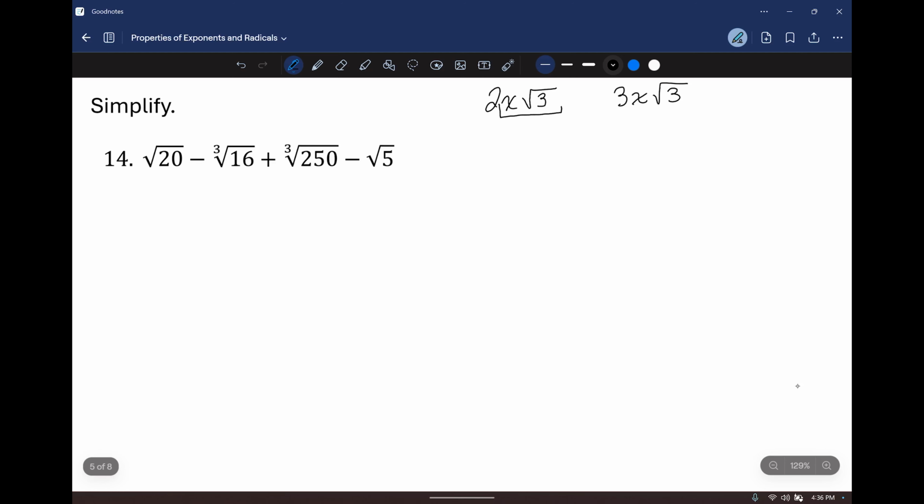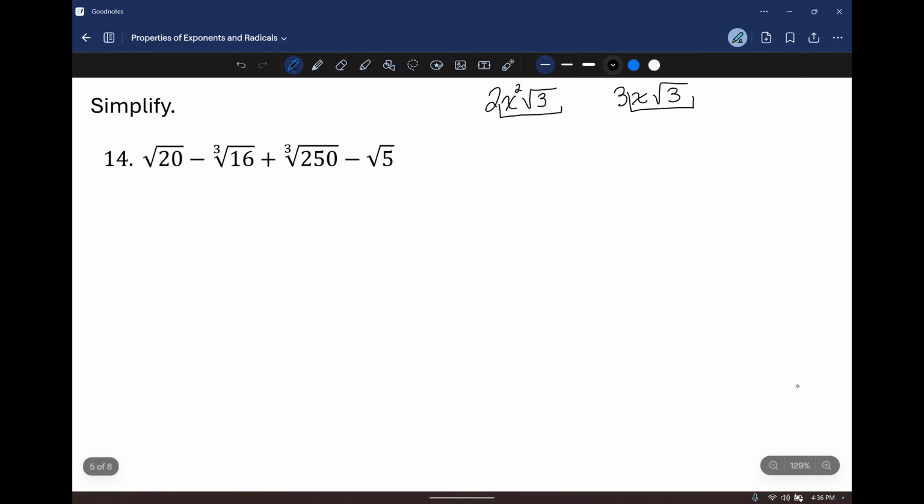So if I had 2 square root of 3 and a 3 square root of 3, I could put those together. But the second that I change one little thing, like make that an x squared, I can no longer put them together. They're not like radicals. So in order to know if they're like radicals, I'm going to have to do my factor trees, and I'm going to have to reduce them.